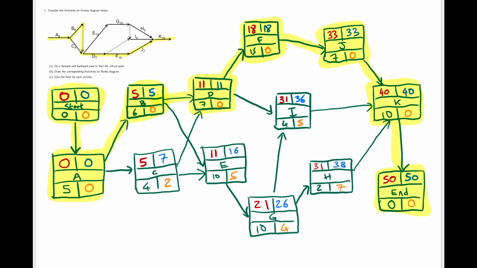Which would be A, B, D, F, J, K. So we know we've used 2 different methods to come to the same answer.